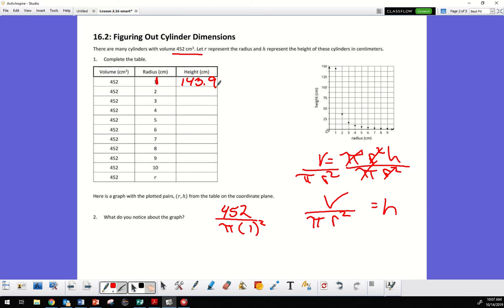Times. Okay, 1 squared, 2 squared, 2 squared. So now you can modify it.